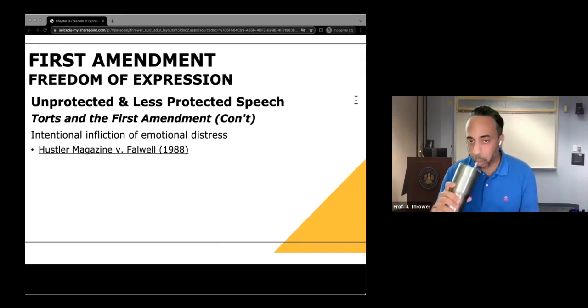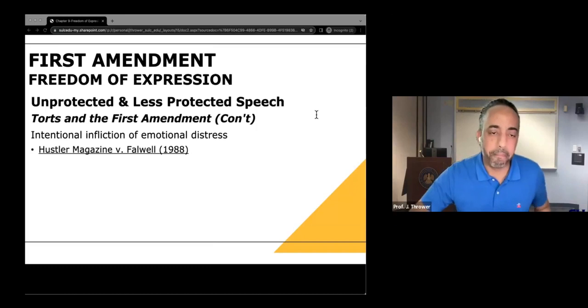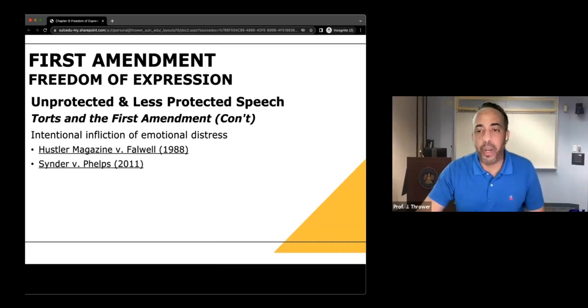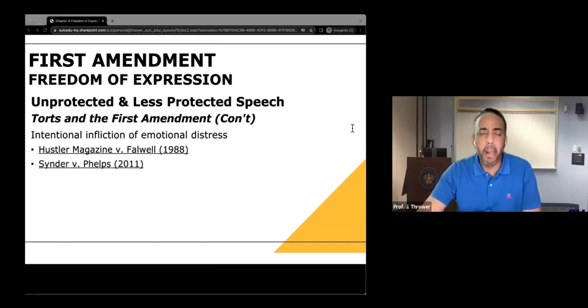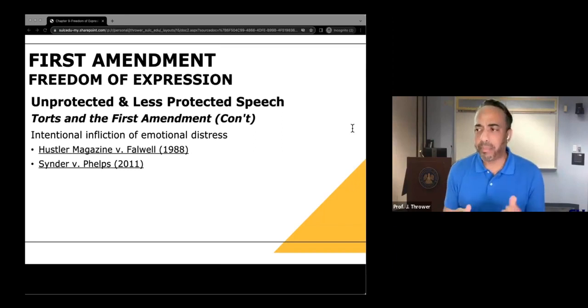Another important case, and a more recent case than the 1988 case of Falwell, is the 2011 case of Snyder versus Phelps. This case considers a church essentially protesting on some pretty offensive grounds, if you will.